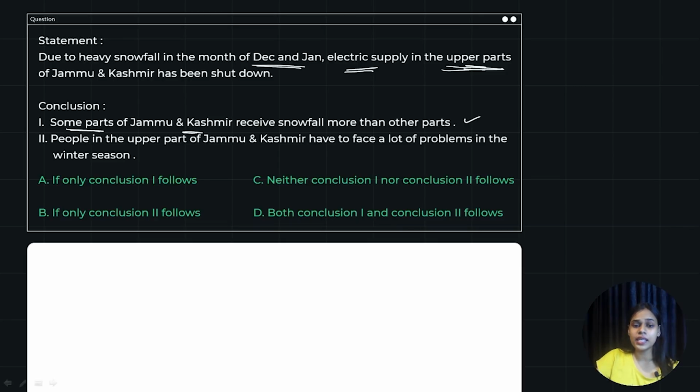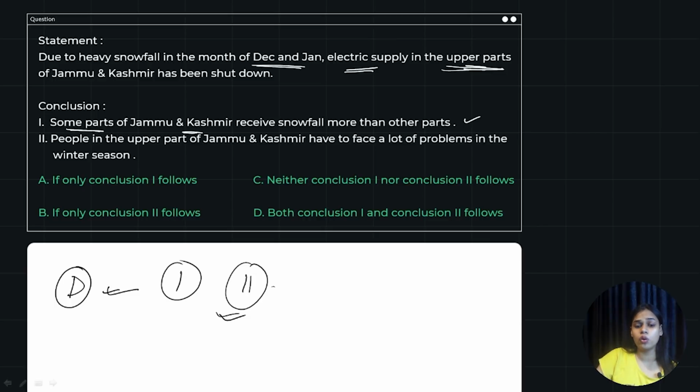So the answer is option D. Why? Because some parts, that means the upper part of Jammu and Kashmir, receive more snowfall than the other parts, and people in the upper part, especially in December and January, that is the winter season, face a lot of problems in terms of electrical supply being shut down. All right, so both 1 and 2 are following.